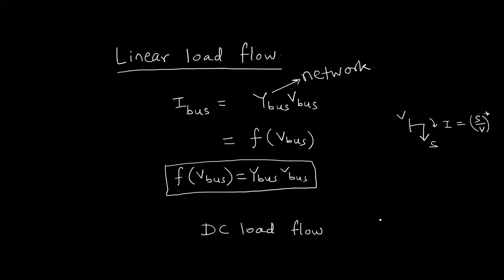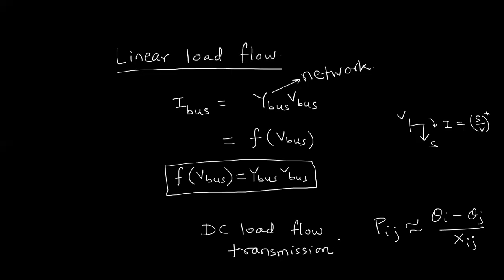We write the power flowing between buses I and J as the angular difference between theta I and theta J, divided by the reactance that connects those buses. So it is similar to a DC circuit equation. We solve these equations simultaneously, and this is an approximate linear load flow valid for transmission systems.